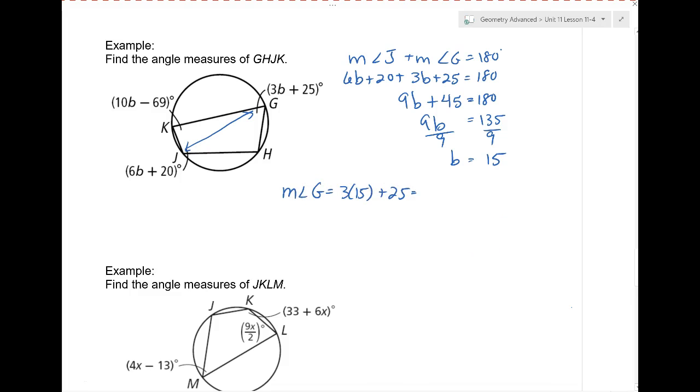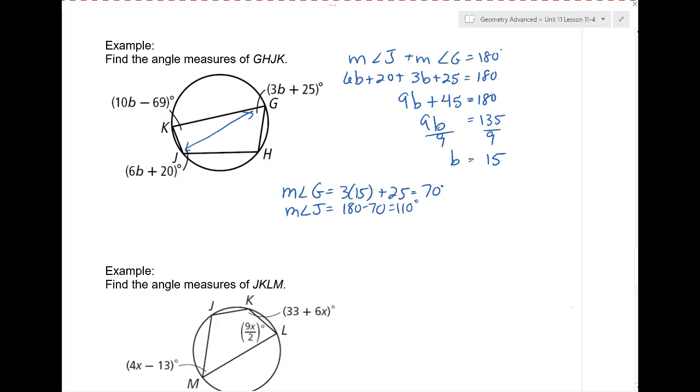Three times 15 is 45, plus 25 gives you what? All right, 70. What is the opposite angle to G? Isn't that J? What's so special about G and J? They're supplementary. Can I just go 180 minus 70 and do 110 degrees?